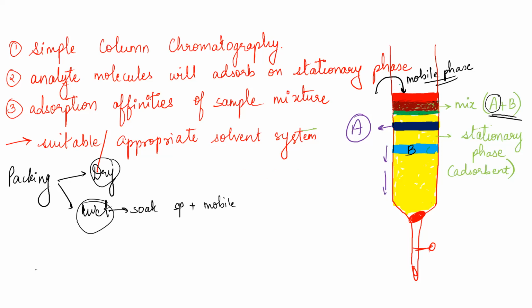The A component has stayed back on the stationary phase because it has more affinity towards the stationary phase. And in this way, the B will come down and then it will trickle down and you can collect your analyte. Okay, so this kind of separation you will see is known as distinct separation.